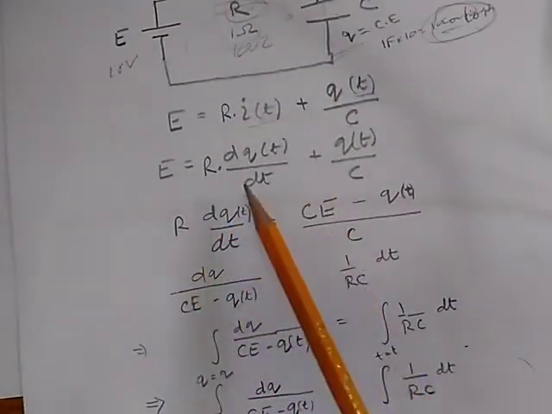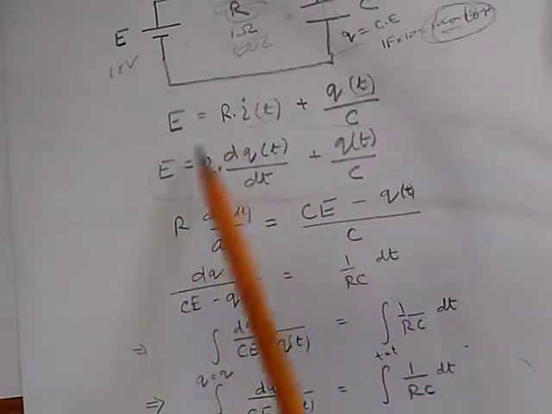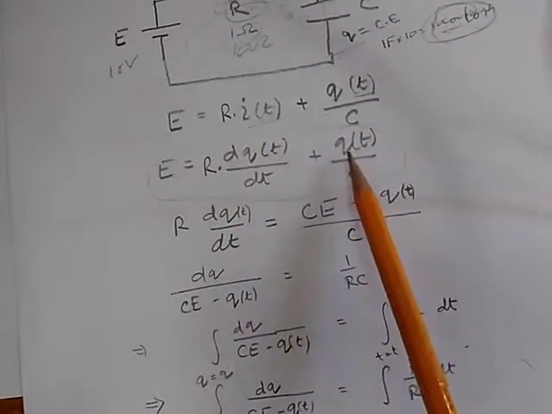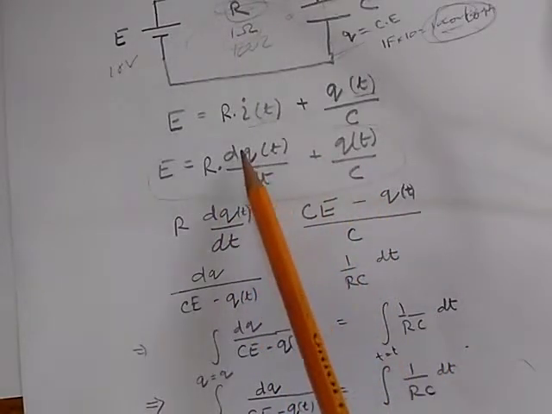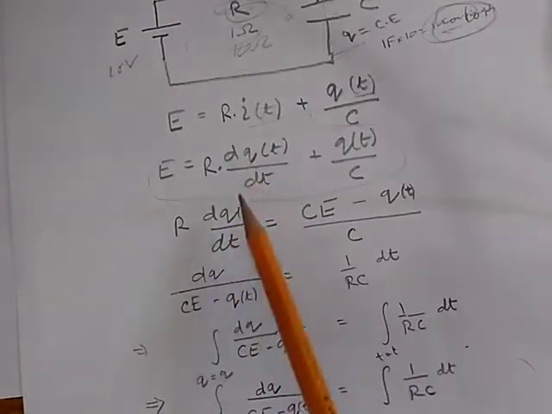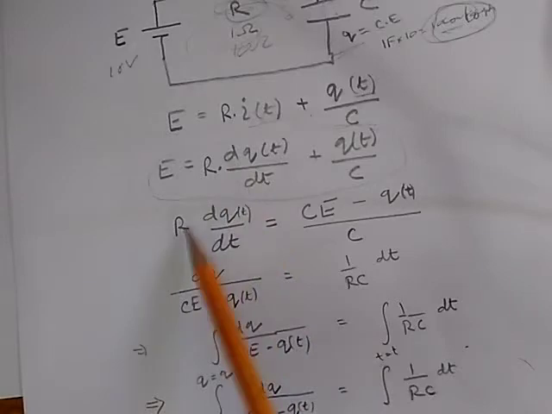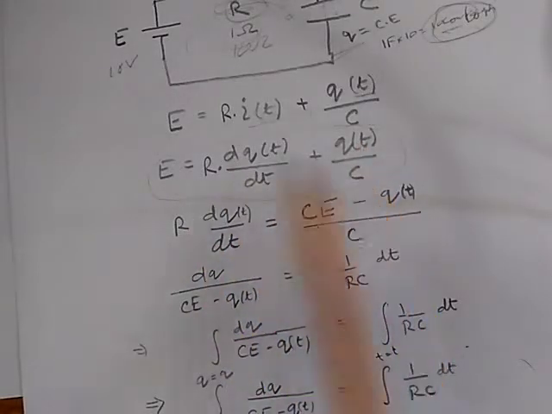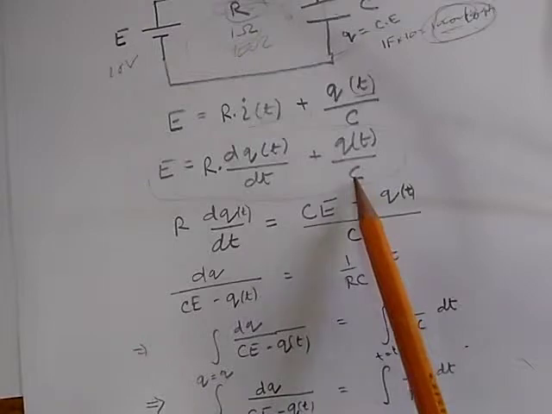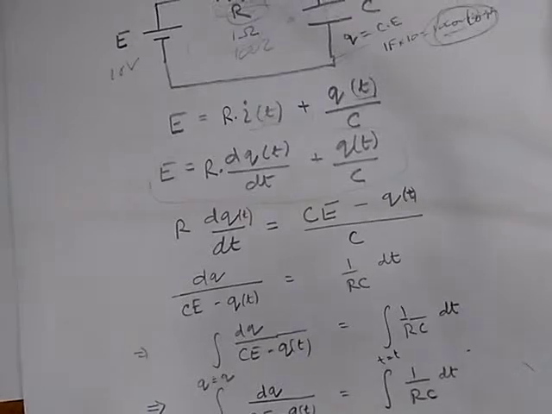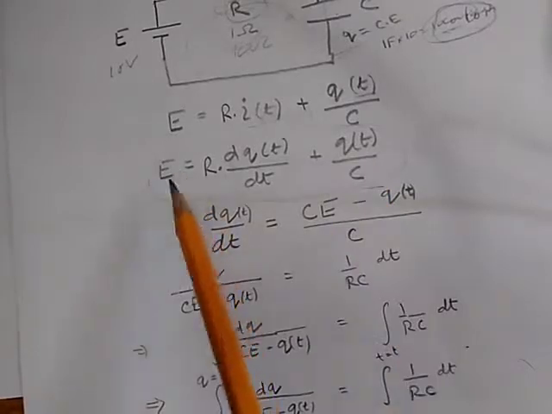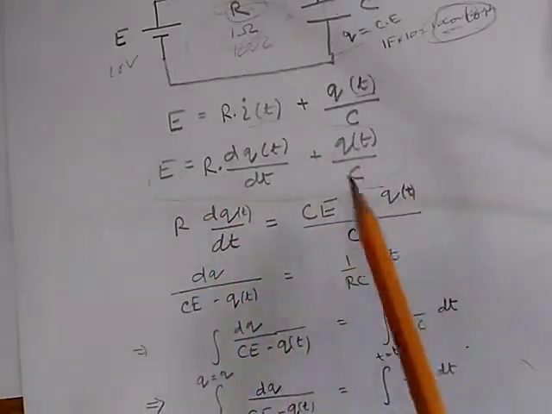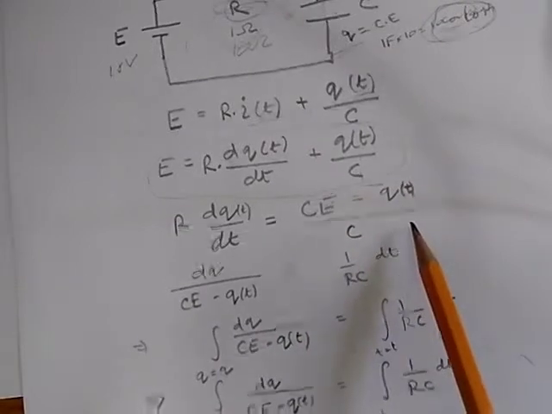We rearrange this equation. We need to solve this whole equation for Q. So what we do is we separate the differential terms on one side and Q on the other side. So R into dQ by dt is Q by C minus E, which is nothing but (Q minus CE) divided by C. Just a rearrangement of these terms.